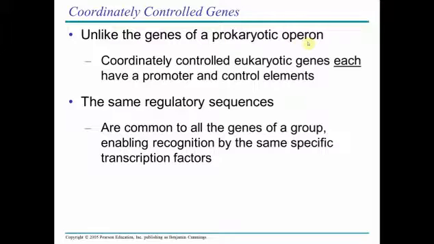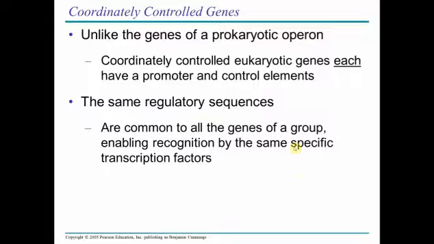Now, in prokaryotes, we saw operons, where one promoter is associated with a whole sequence of genes, but this is not the case in eukaryotic genomes. Eukaryotic genomes have one promoter for every gene, essentially, and with that promoter there are also associated control elements, as we just saw.